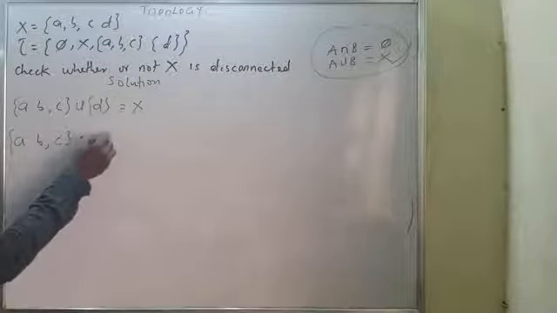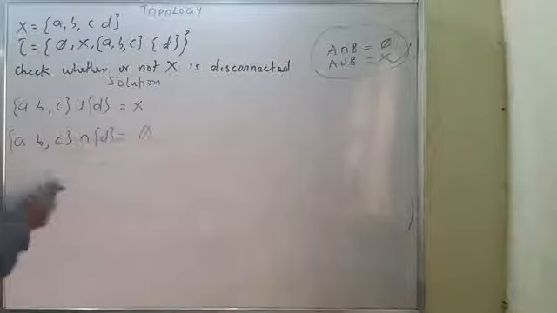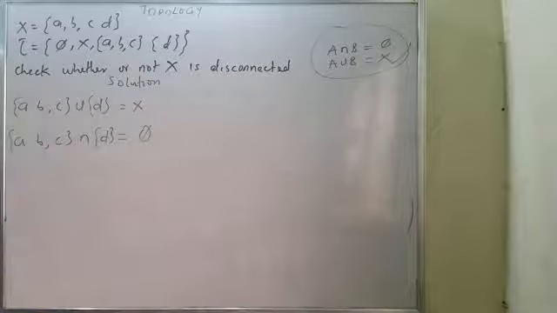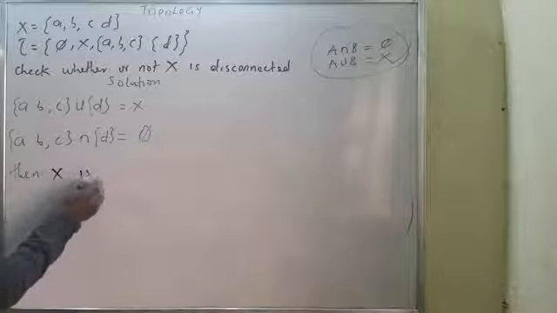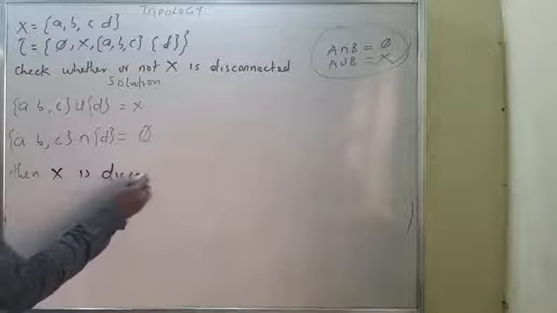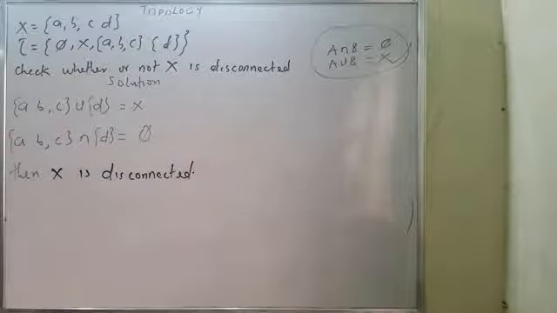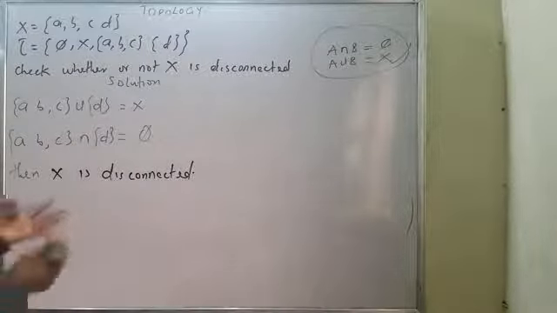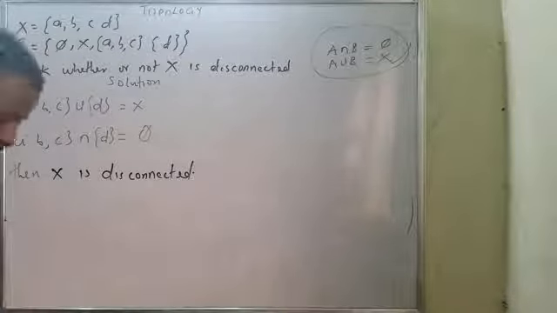Intersection D, which is going to be empty. You can see nothing, no common region between them. Then X is disconnected. If that is not the case, it will be connected. You can see an example of connected and disconnected.